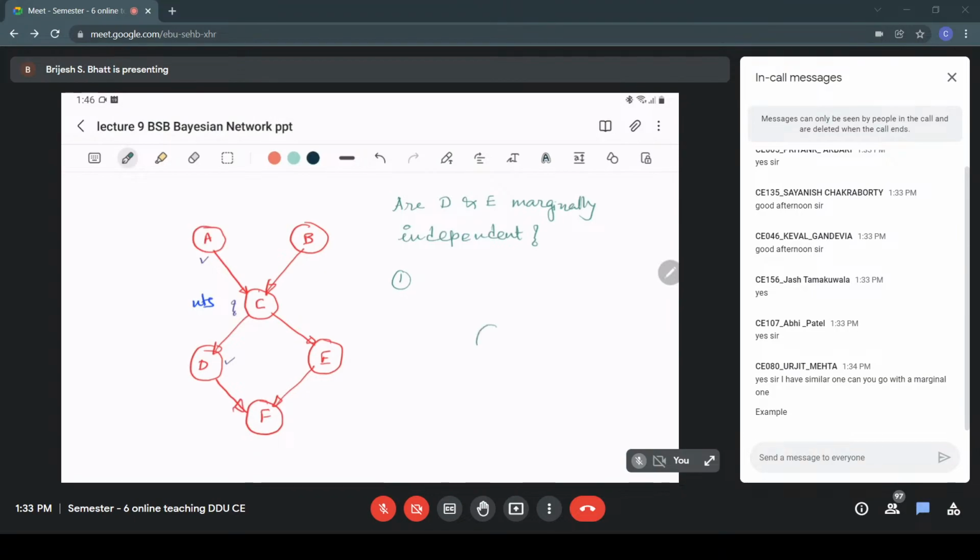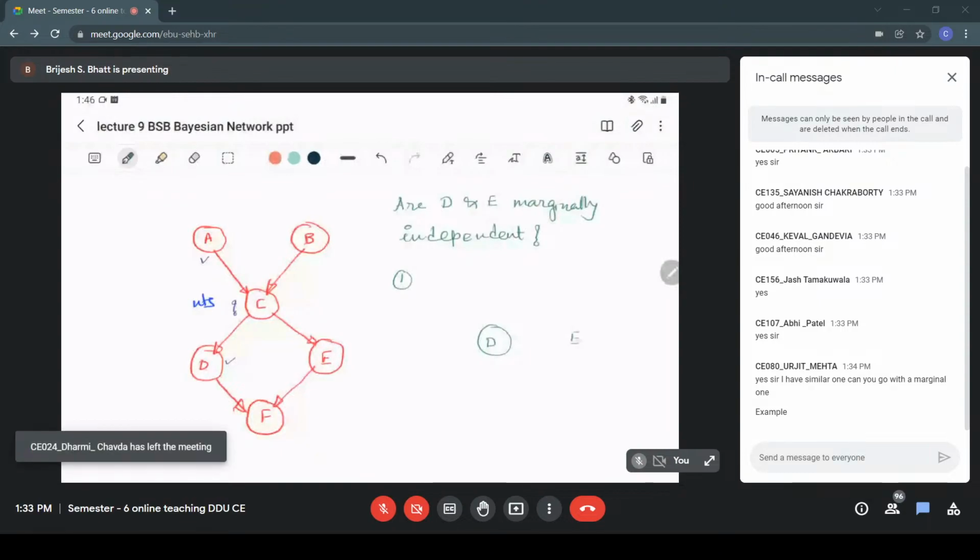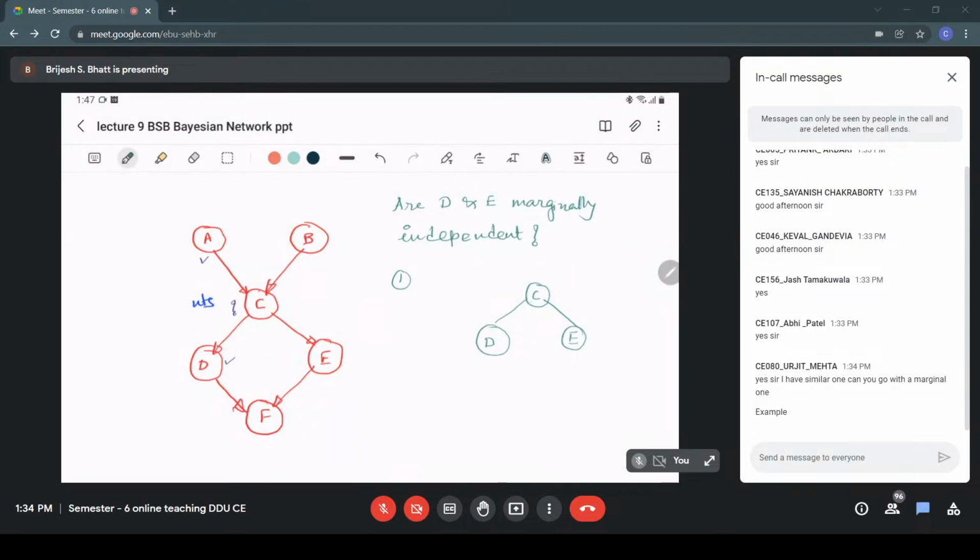I will again create a graph of D and E and their parent, that is C. So this will be the graph, right? The nodes under question, D and E, and their parent; moralize the parents. Here there is only one parent, so no problem of moralizing. And remove the direction arrows. So directions are also removed. This is the resulting graph after all the steps.